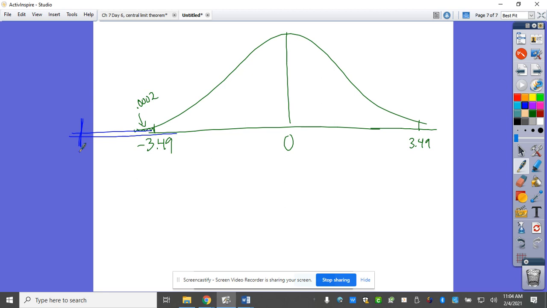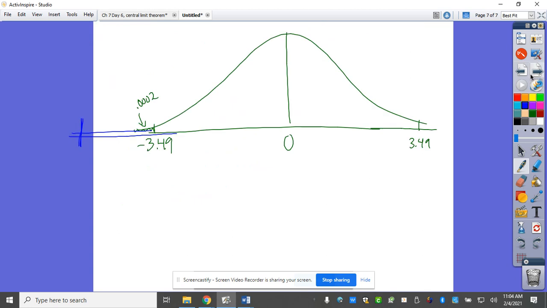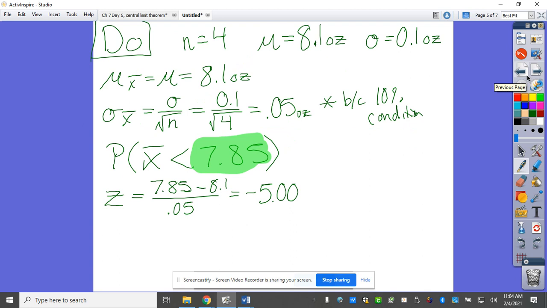If we get something that's really far away like that, some people are going to say area of almost 0, or you can write less than this or less than 1. Either one of those is technically fine. I'm shading to the left, so you just need to show that it's way over here. And then you can literally write area close to 0, less than 0.0002, anything like that. So we can leave our answer as close to 0.